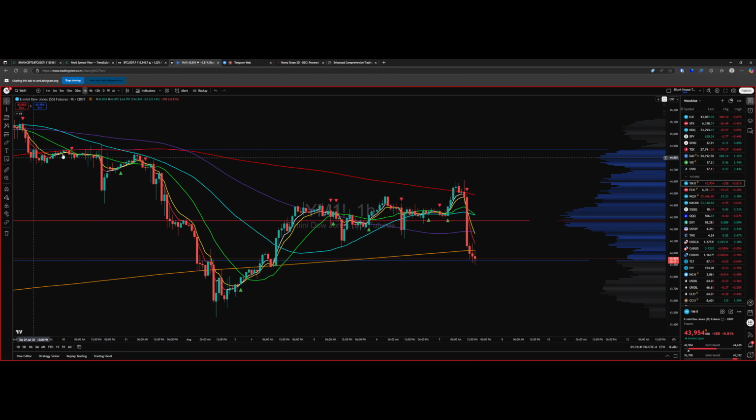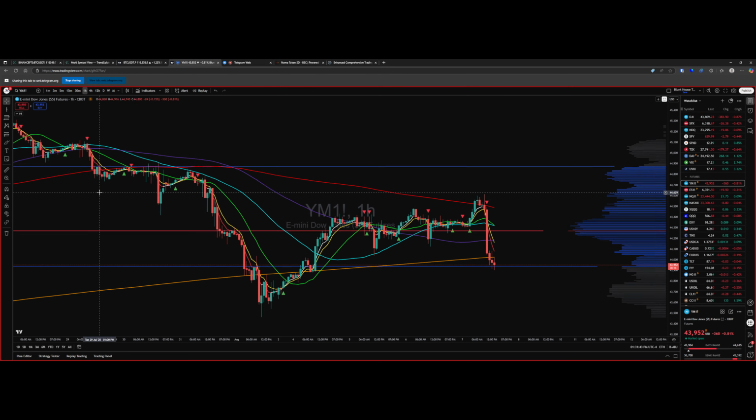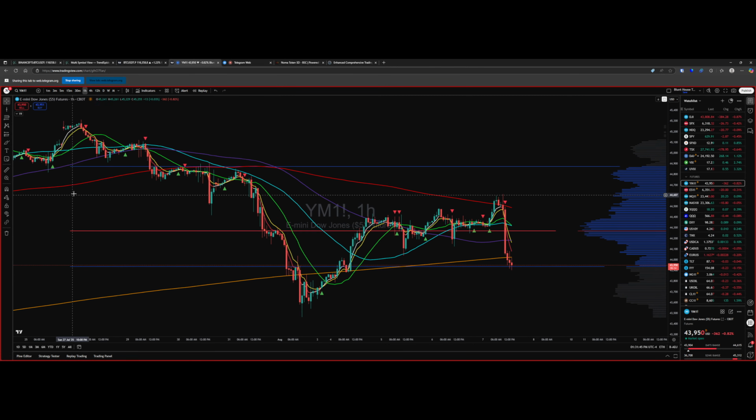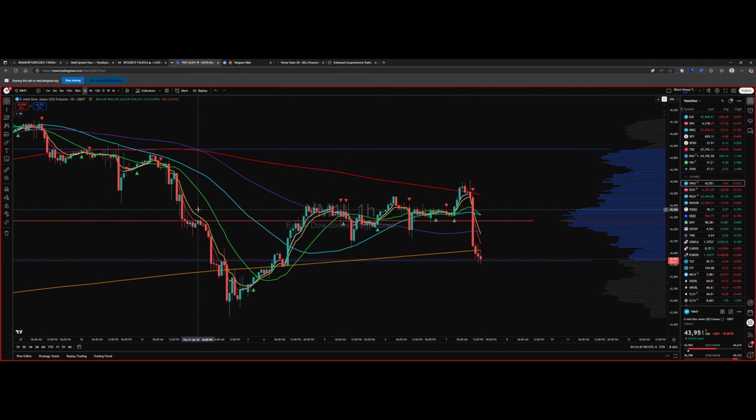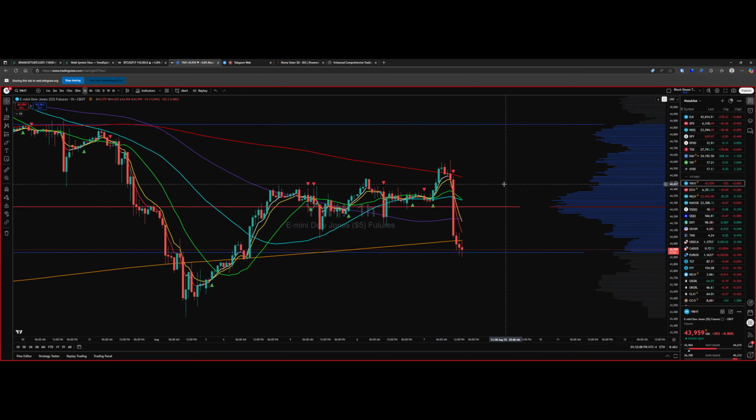This resistance here that you see, you can see how we've broken everything, but in this case you fail the 200, and any time you fail the 200 on a time frame, that's a bearish sentiment on that time frame. You've broken everything, you bounce up, the failure here of the 200, this is the first time you've really challenged it since you broke it, so you had to anticipate a failure.